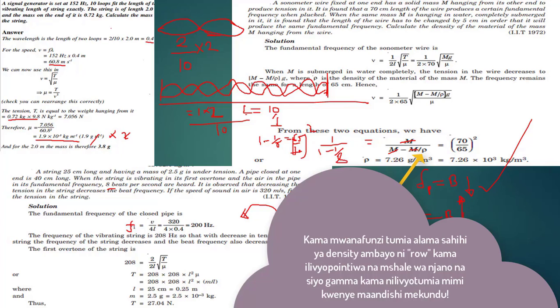Okay, simple like that. So again you take that side, it becomes 1 minus 65 over 70 squared is equal, because you have moved it to that side, taking 1 minus density to that side, and bringing 65 over here. This one going there becomes plus, becoming positive density. And this 65, since it came over there, becomes 1 minus because it was positive. Then from here you can solve for density, I believe. After solving here, once you get the value of this thing, you just find its reciprocal, which is equal to this density.